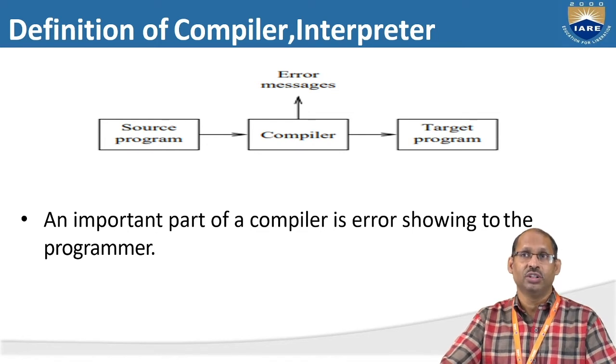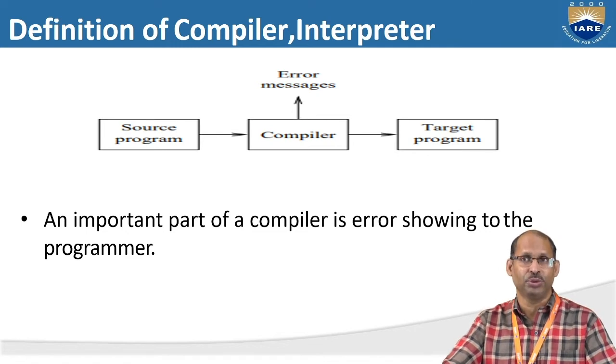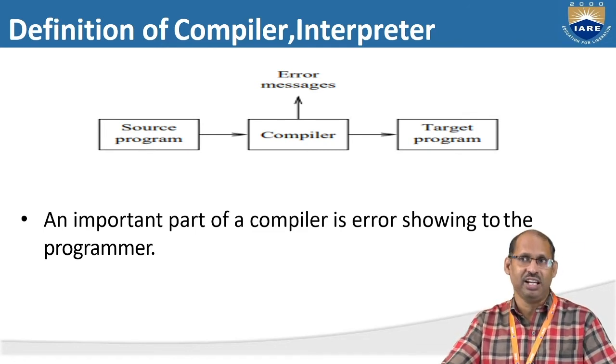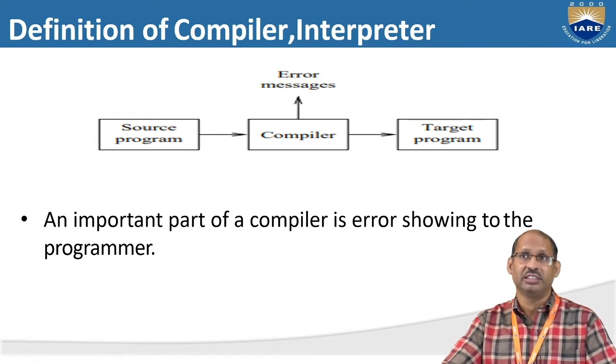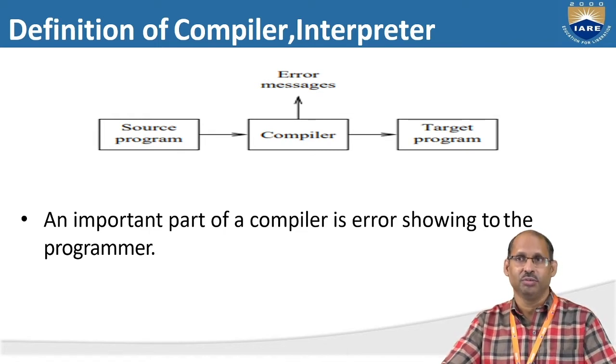Right? So the compiler's main task is converting the source program to the target program. In that process, if any error occurs, the errors will be reported to the programmer or user.